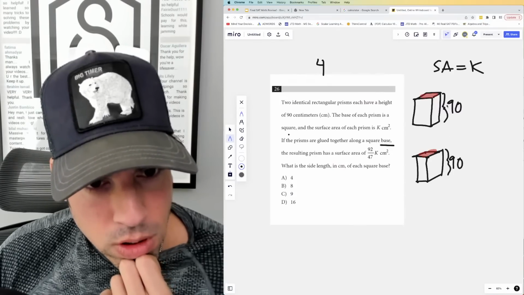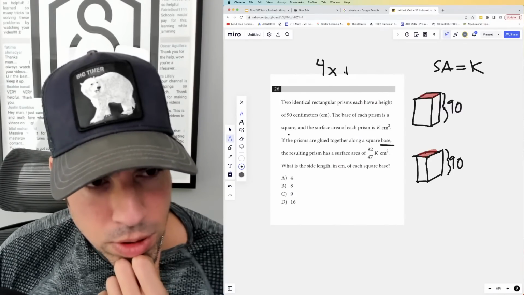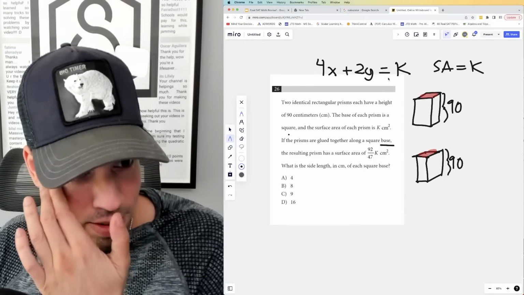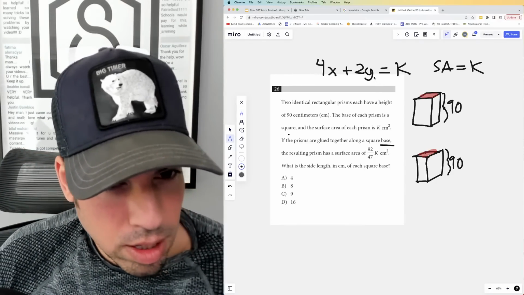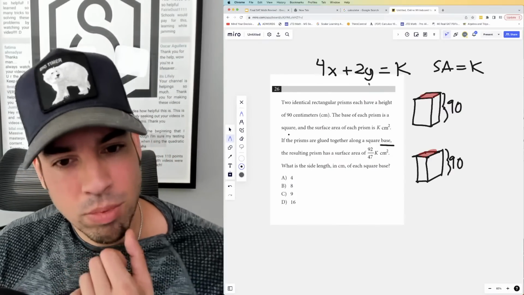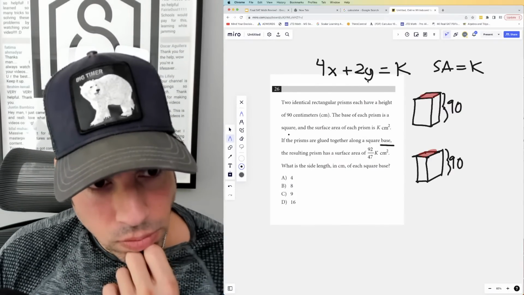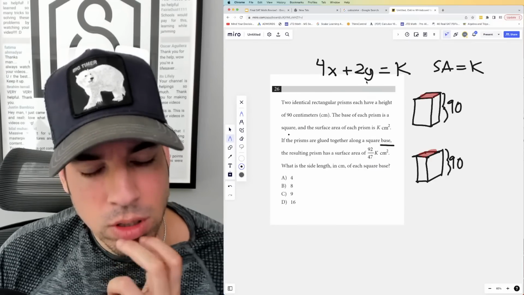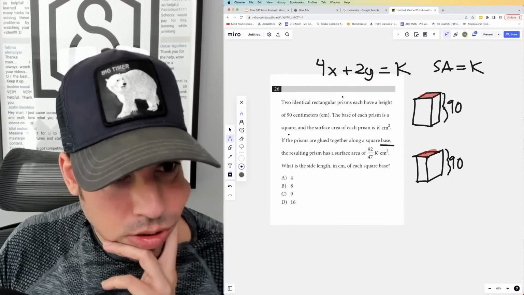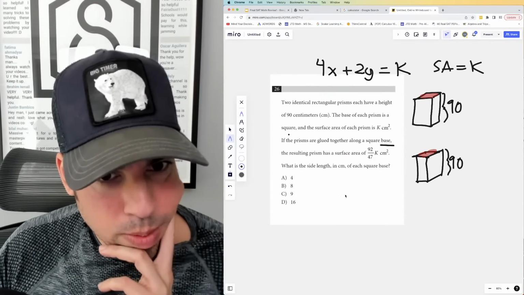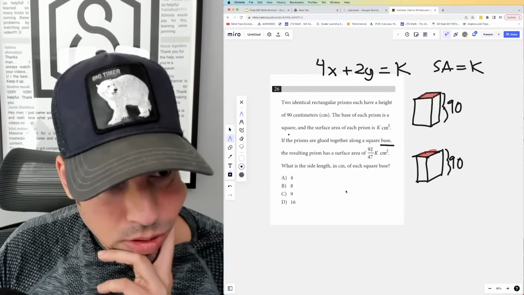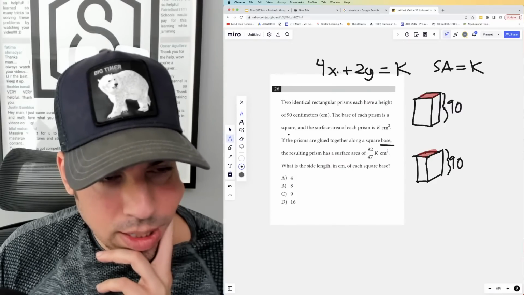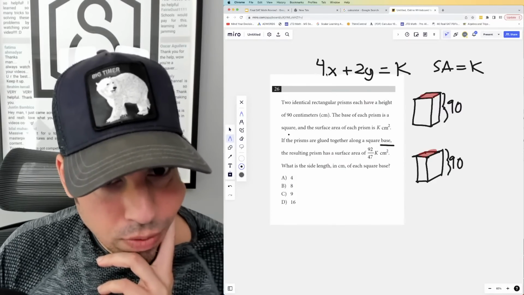So we could say 4 of the big sides plus 2 of the bases is equal to K. Then that height of 90, how can we bring that in the mix? I know we can do the formula: surface area is 90 times the perimeter plus the bases. So that's K, so 4x plus 2y equals K.